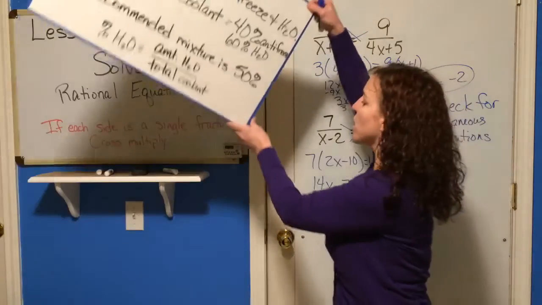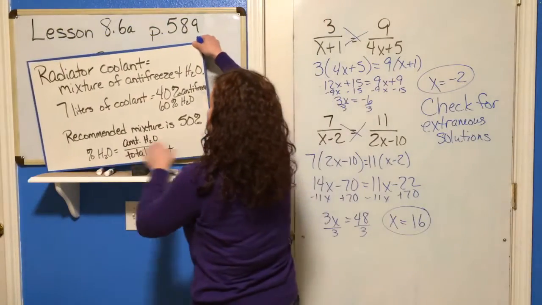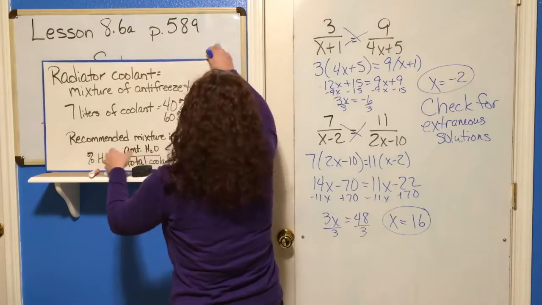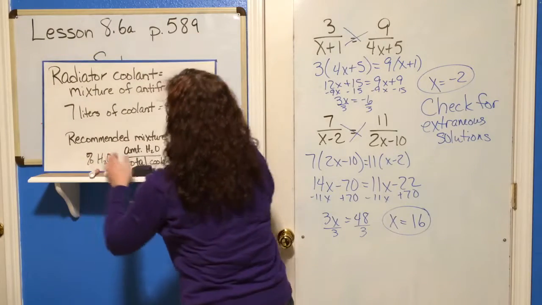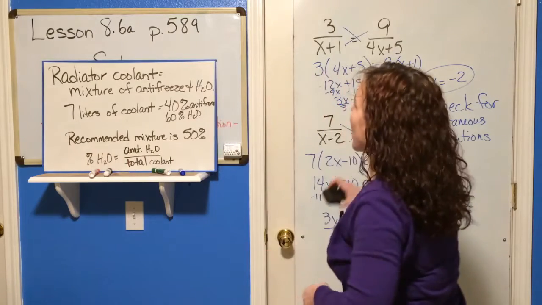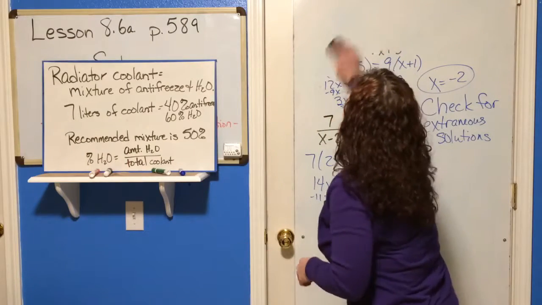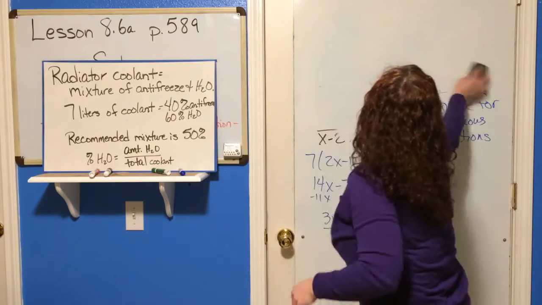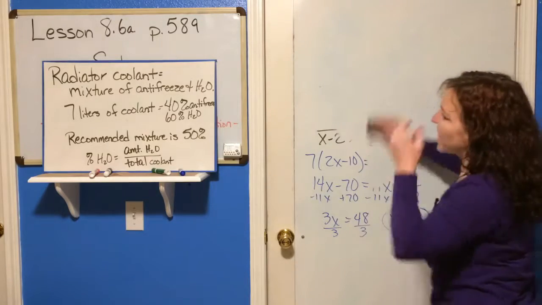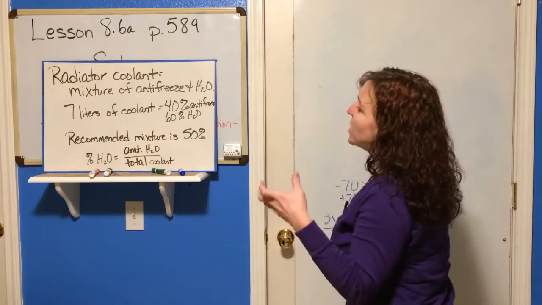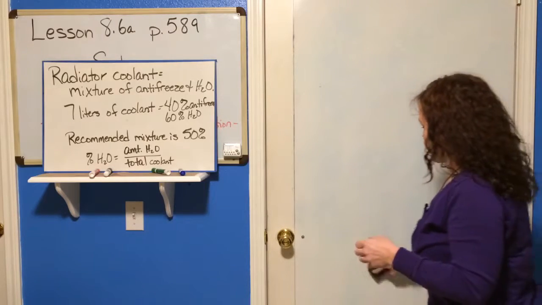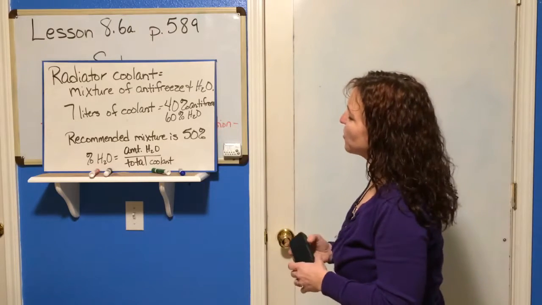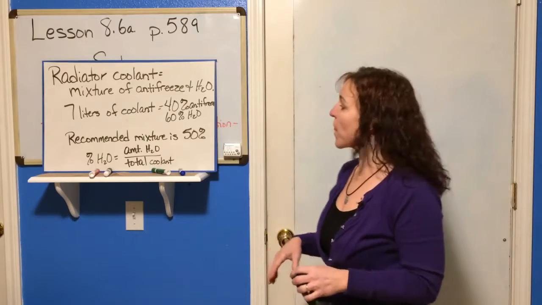But we will do one word problem. Because, you know, I got to do some word problems. All right, so radiator coolant is a mixture of antifreeze and water. So if I've got a jug of antifreeze and I've got 7 liters of this coolant, and in this mixture I have 40% antifreeze, which means there's 60% water.